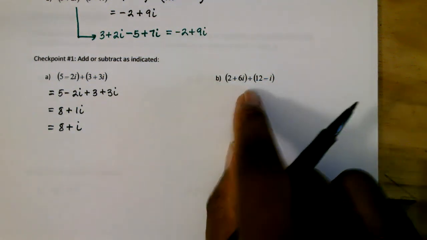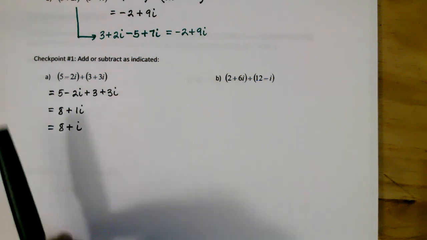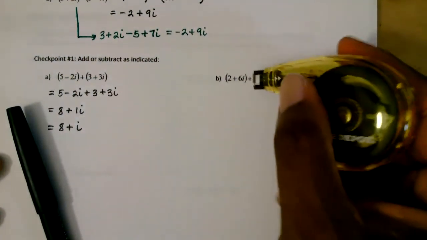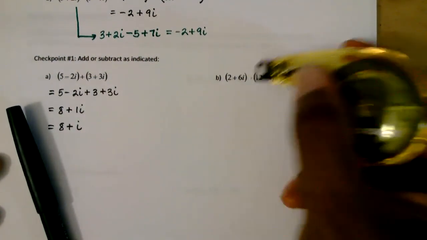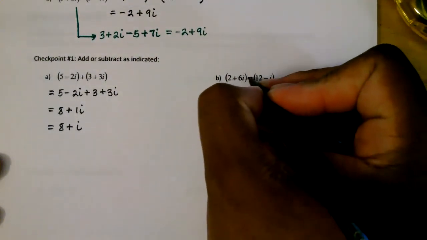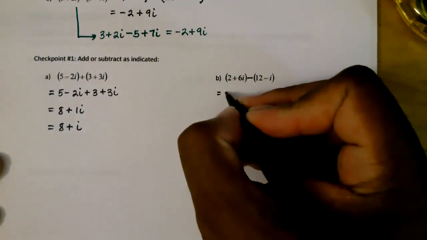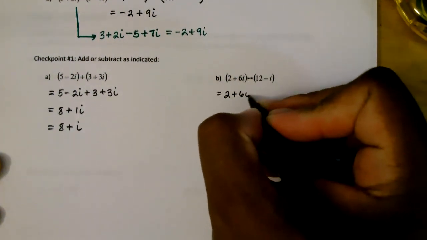Okay, let's try this one. 2 plus 6i, and that should be minus. 2 plus 6i, let's change that to a minus because we're supposed to subtract here. 2 plus 6i minus 12 minus i. In this case, I'm going to write the 2 plus 6i.